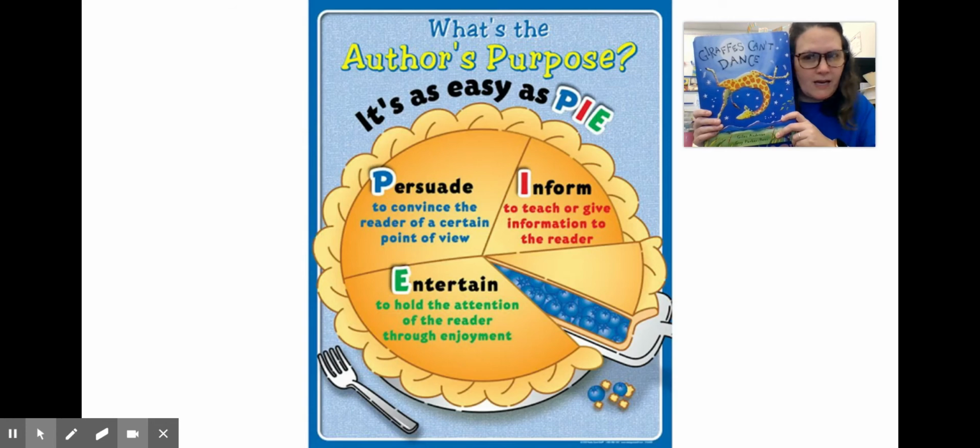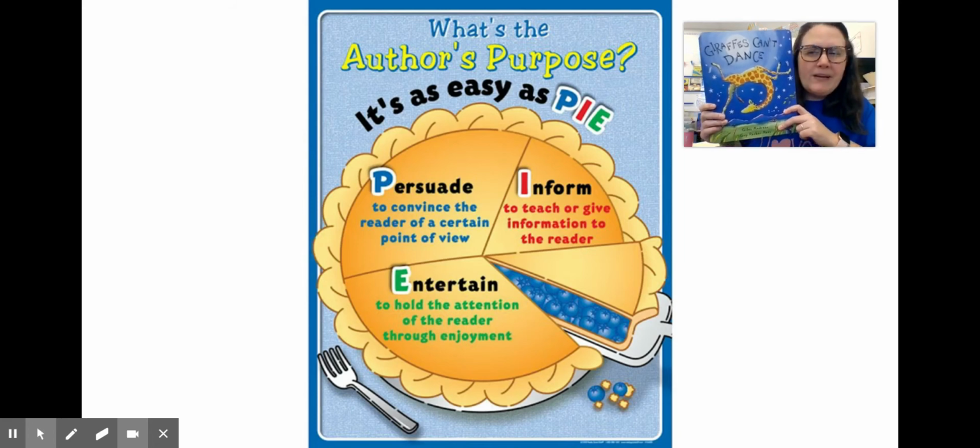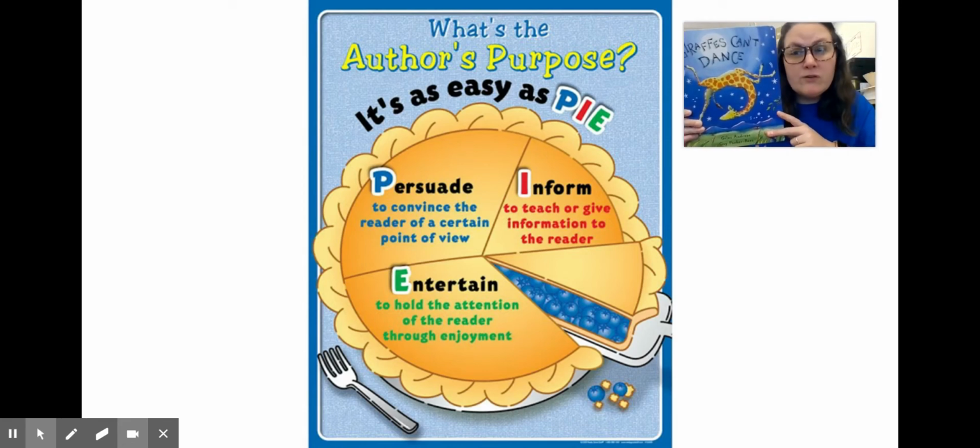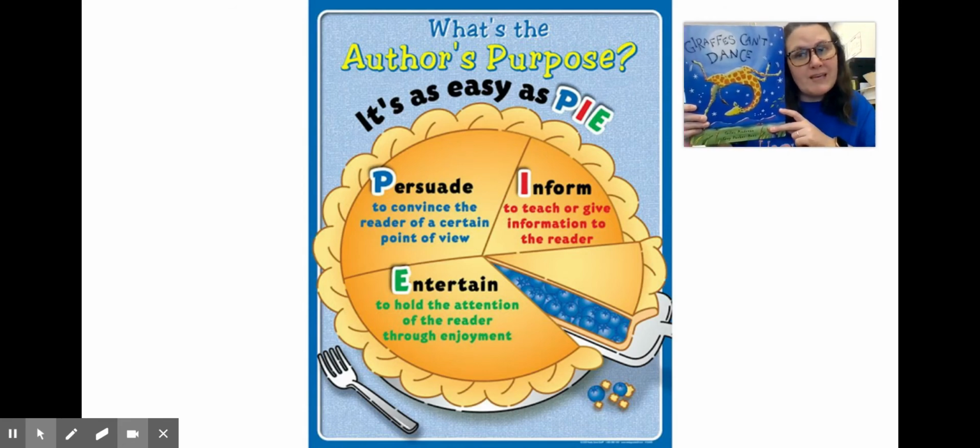Wait a minute, that can't happen in the real world. The giraffe was dancing. It didn't tell me where they live, types of habitats, and how big they can get. It didn't teach me anything about real giraffes. It did not inform me about real giraffes. So I don't think that the author's purpose is to inform.